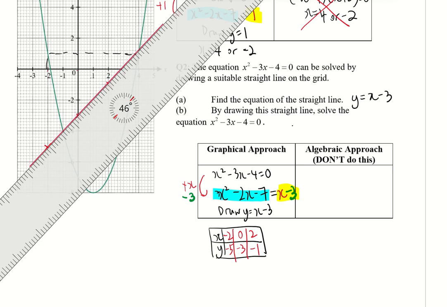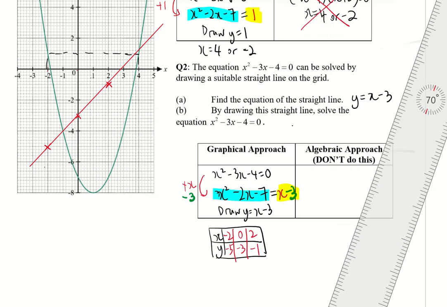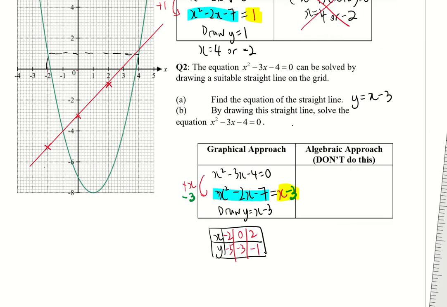When I draw the straight line, I can read off the intersection: x is 4 or x is negative 1.